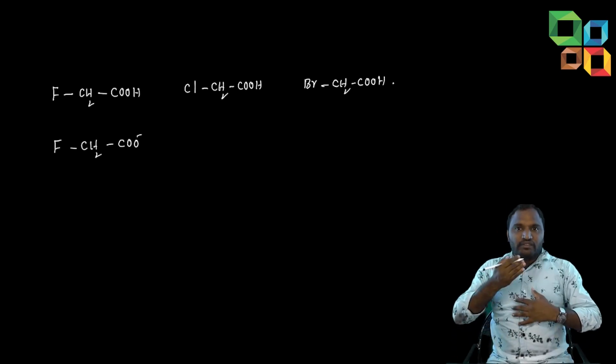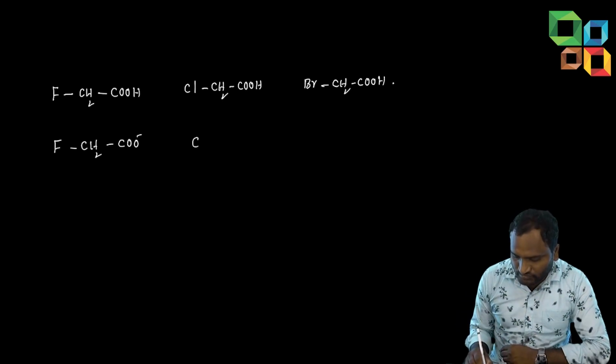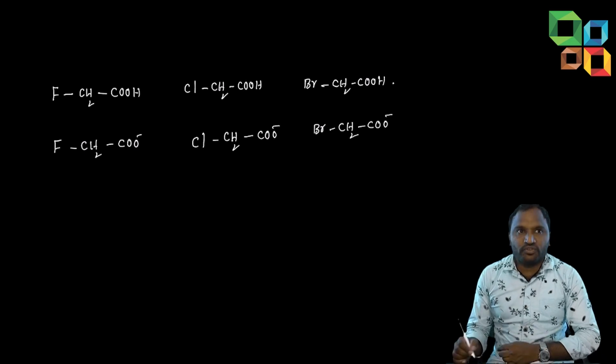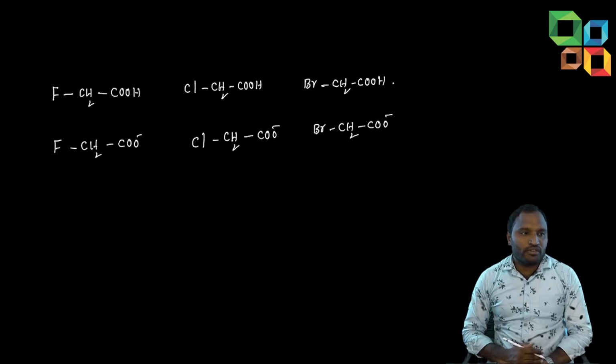They take burden from this oxygen. Here all are minus I effect groups only. In this, you see which is more electronegative. Whichever is more electronegative will take electrons more effectively. Fluorine is more electronegative, which means the minus I effect of fluorine is more.